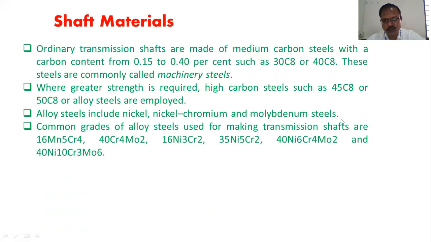And the most common types of alloy steels which are used for manufacturing the shafts are 16 Mn 5Cr4 or 40 Cr4 Mo2, and likewise. So nickel, chromium, and molybdenum are the common alloying contents in these alloy steels.